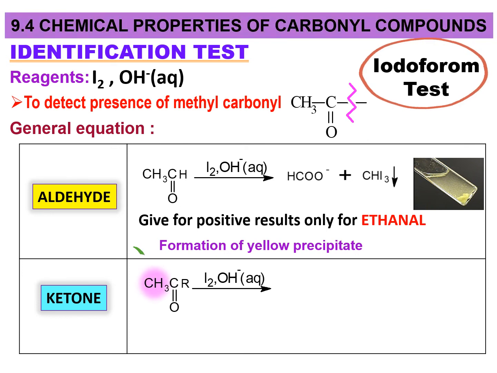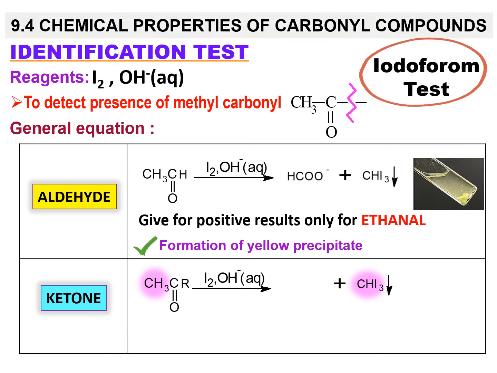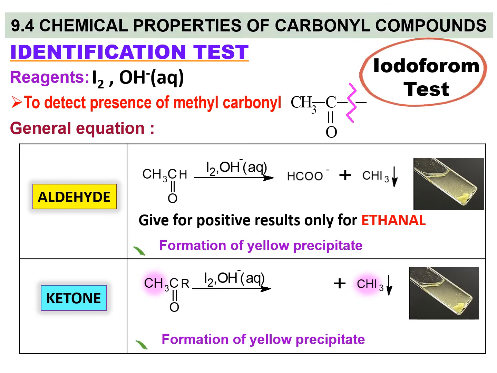Ketone: with the presence of a methyl group in the structure of ketone, we produce triiodomethane. At the end, it shows a formation of yellow precipitate.